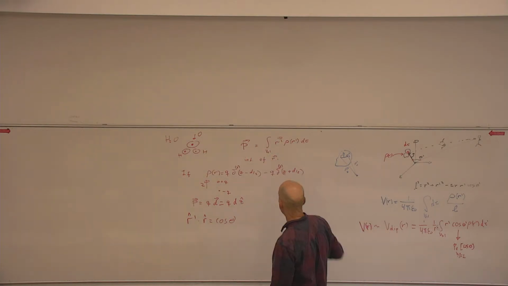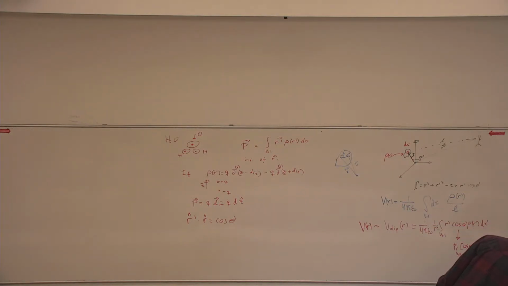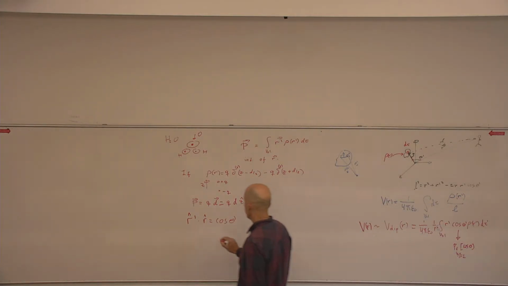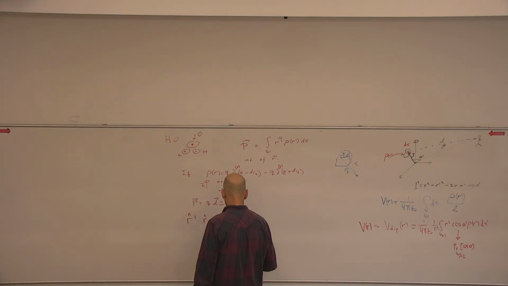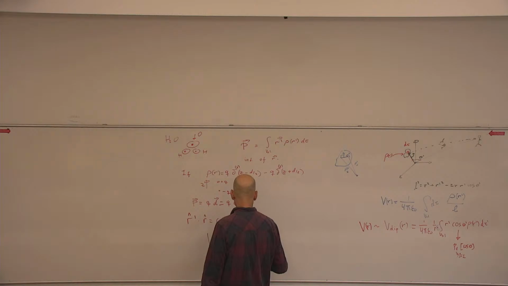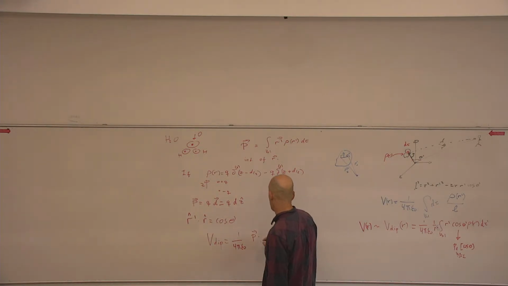Because what I can do is I can use this vector, and okay, so let us write it down. And the claim is that the V dipole now is slightly easier, but not totally. P, the dipole, given by this integral, dot, this is the famous cosine, r hat.